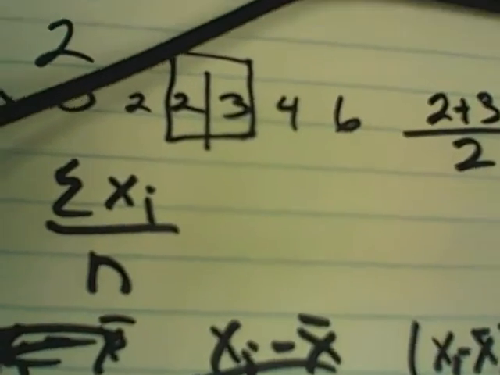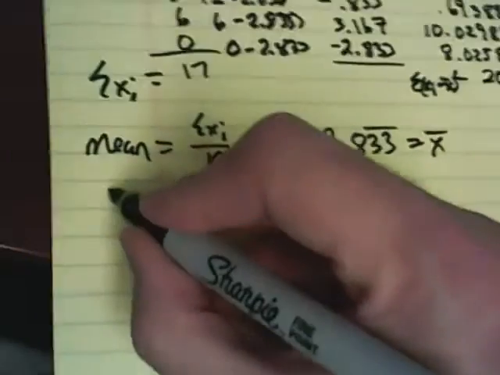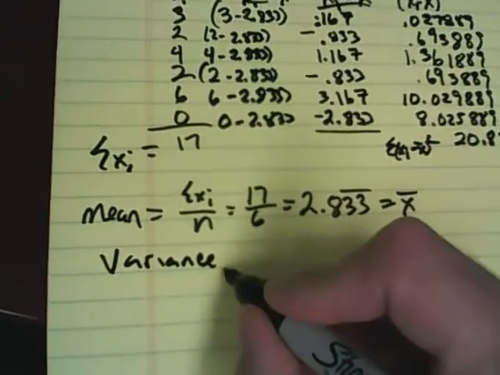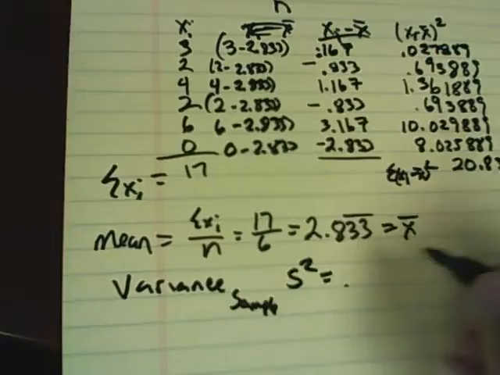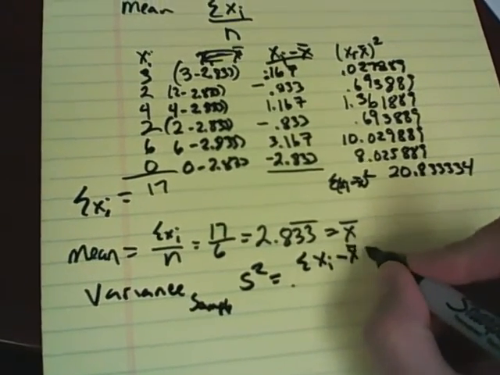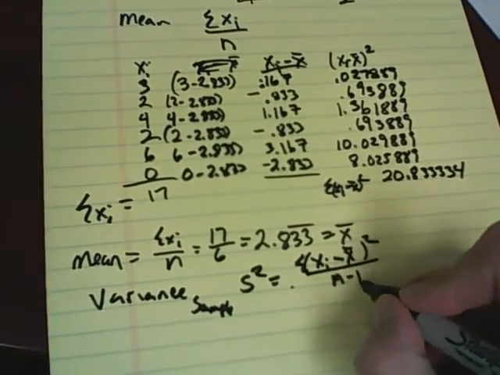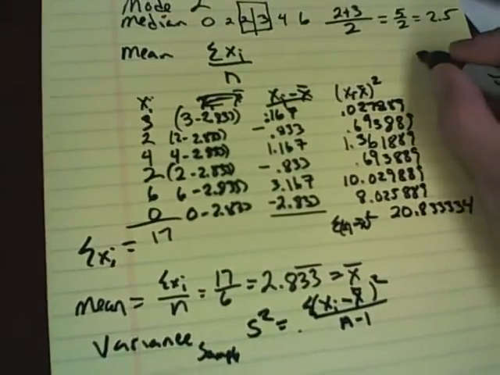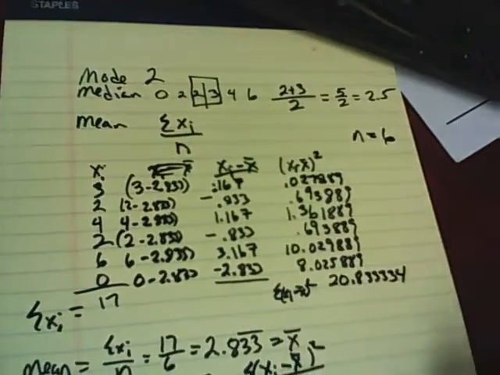Now this is a sample. Assume the data represents a sample. So when we calculate the variance for a sample, that's s squared, which is equal to the sum of x sub i minus x bar squared over n minus 1. Here, n is equal to the number of observations, that's 6.